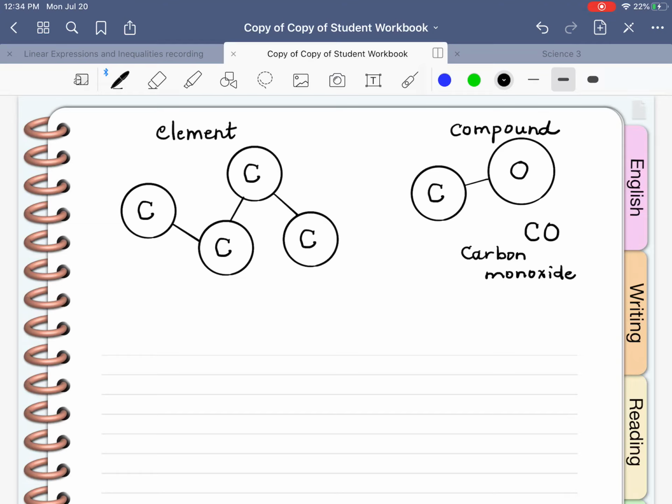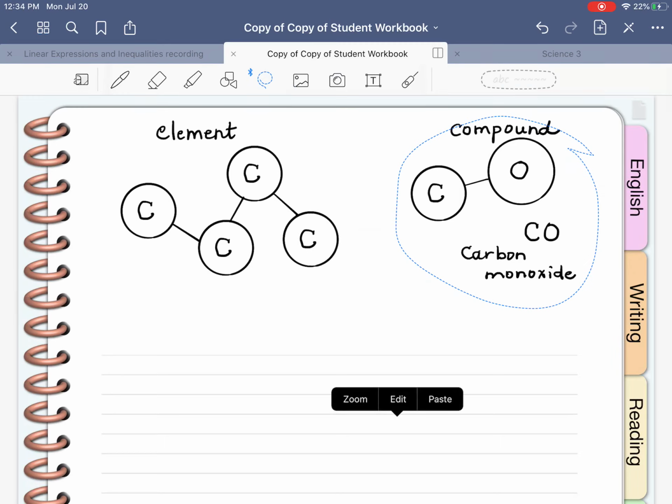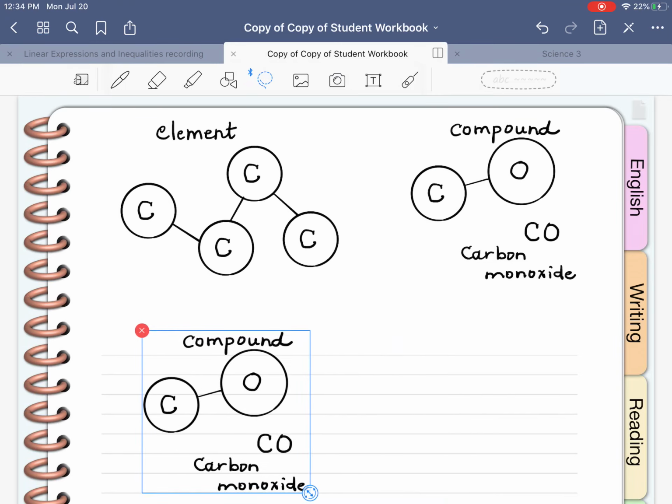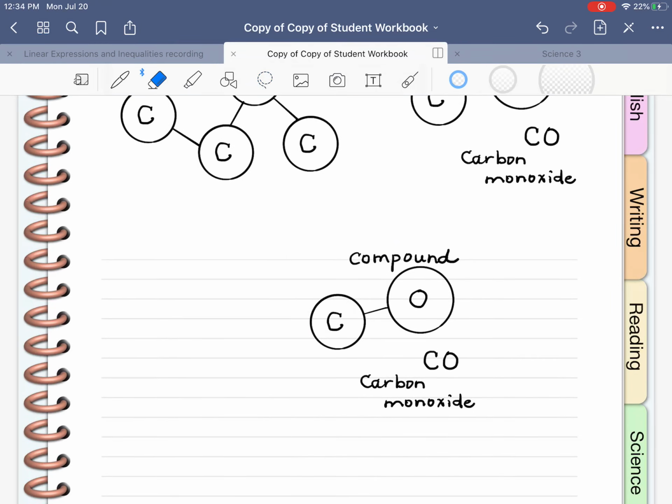But if we take this compound, let me just copy it and paste it down here. So let's do a little bit of chemistry. We're still working with a compound, but we don't need that. Let's take this atom of oxygen and add one more.